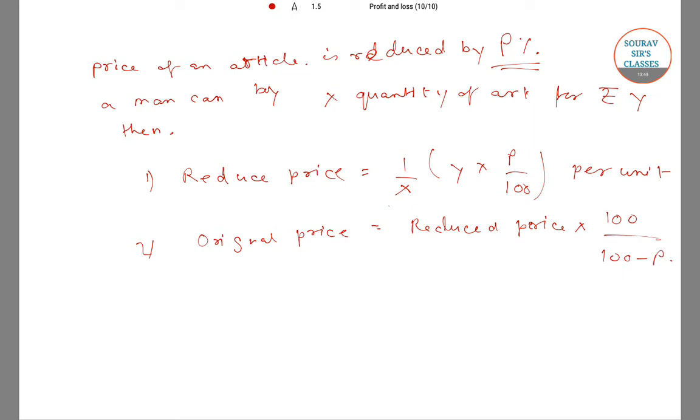So this is the reduced price per unit and this is the original price per unit of the article.